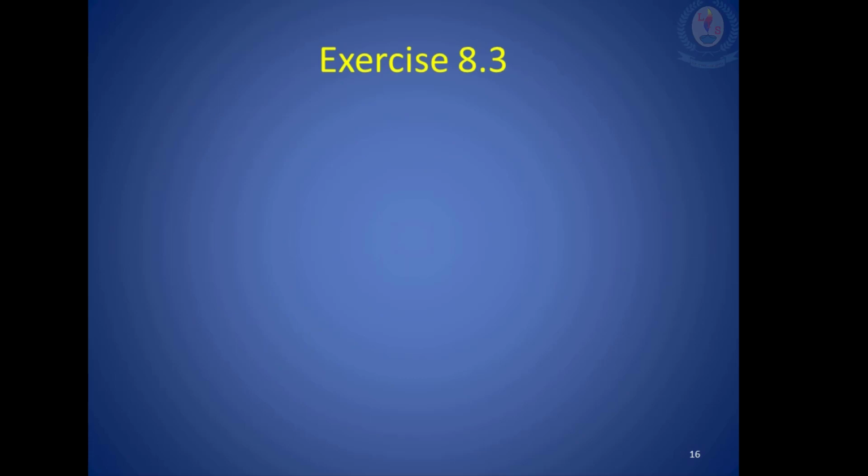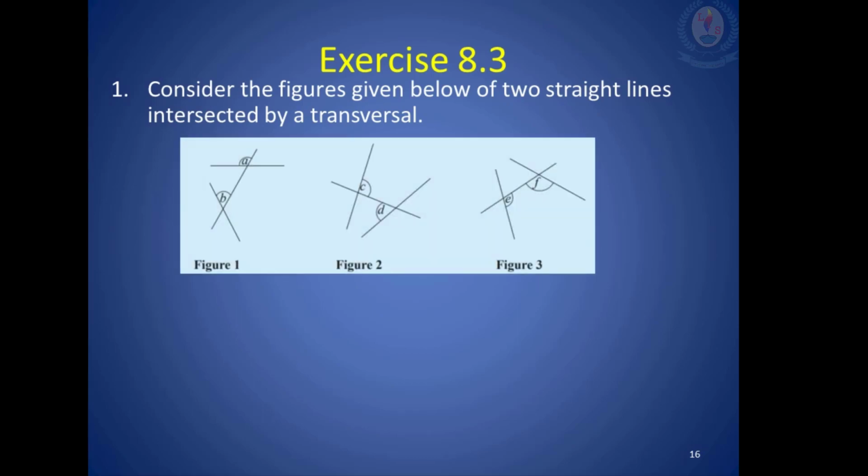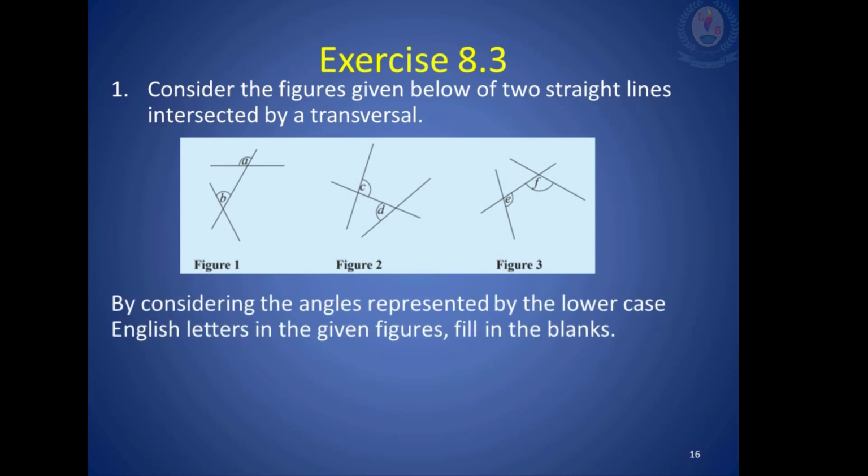Exercise 8.3, question number 1. Consider the figures given below of two straight lines intersected by a transversal. By considering the angles represented by the lowercase English letters in the given figures, fill in the blanks. Part 1. In figure 1, A and B form a pair of which angles?